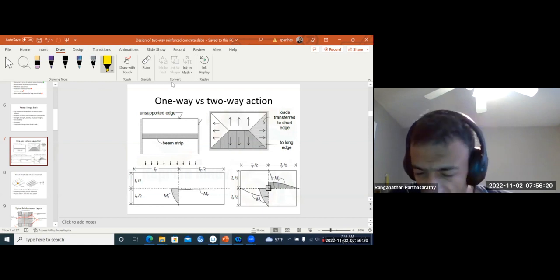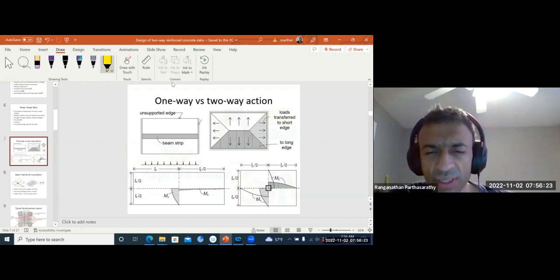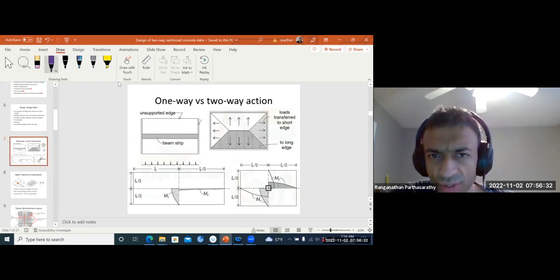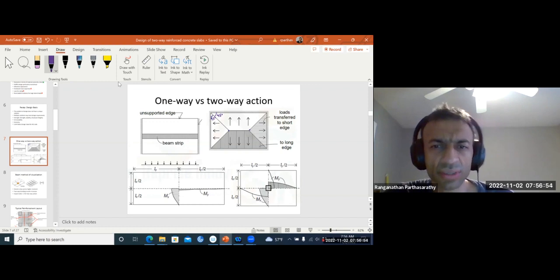In two-way action, the distribution is according to a trapezoidal tributary area. The way you draw it is you draw a 45-degree line from each corner, and wherever they intersect, you form a triangle. Your trapezoidal load goes to the long edge, and triangular load goes to the short edge.